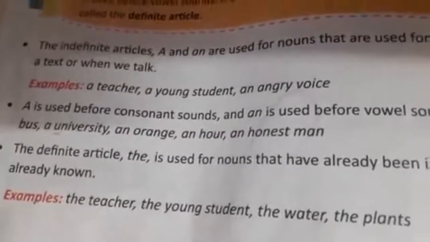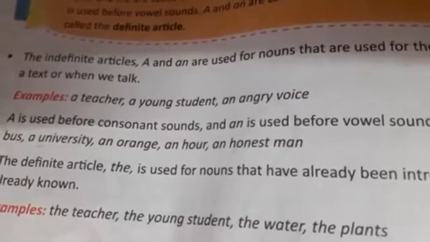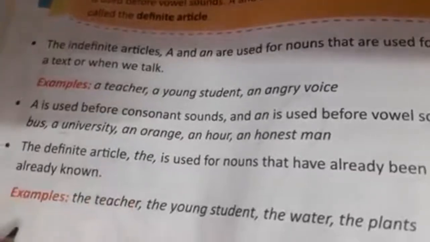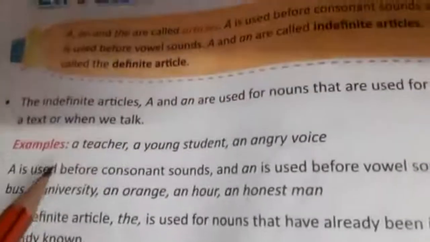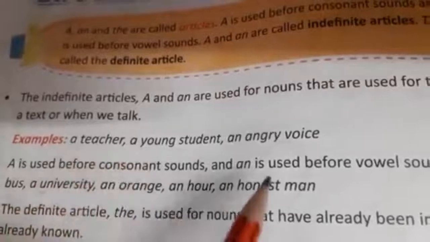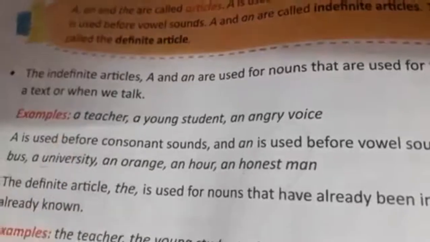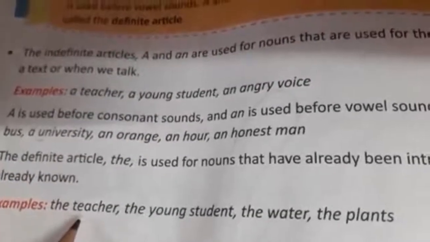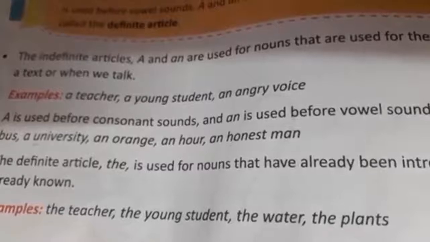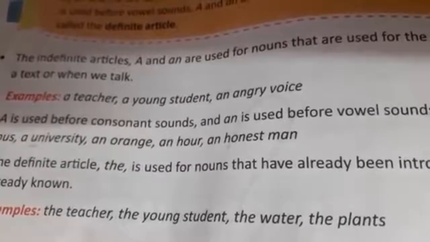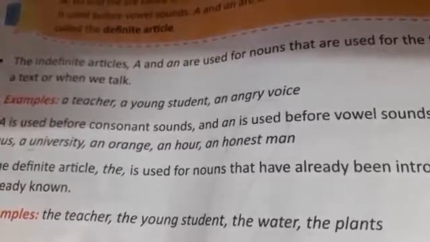When a thing has already come in a sentence and the same thing is repeated the next time, then we will use the. Examples: the teacher, the young student, the water, the plants. Here we use a teacher, a young student and an angry voice because they come for the first time in the paragraph, but when the same word comes a second time in the paragraph, then we use the.